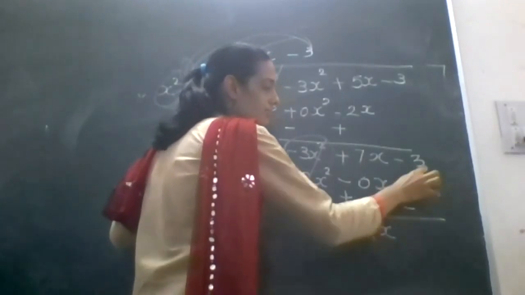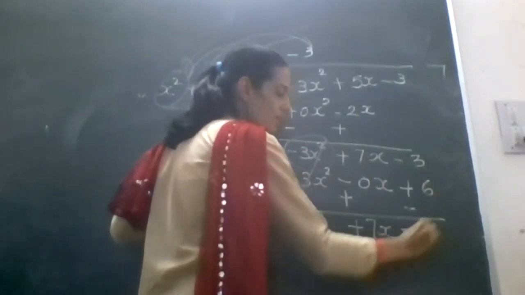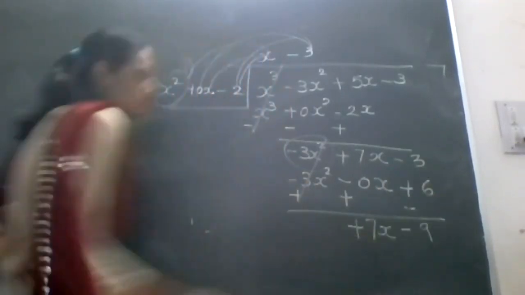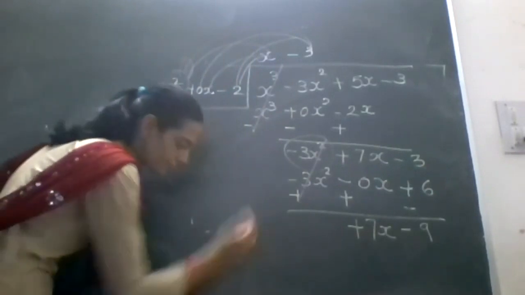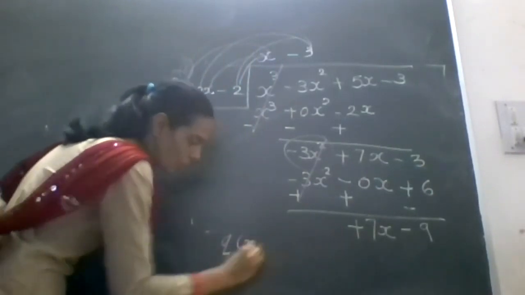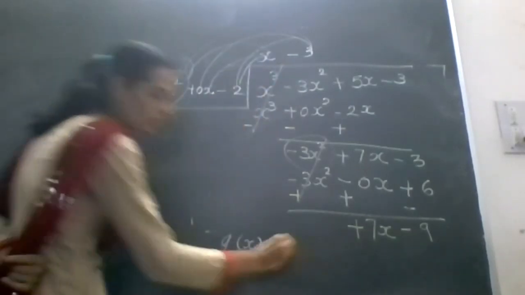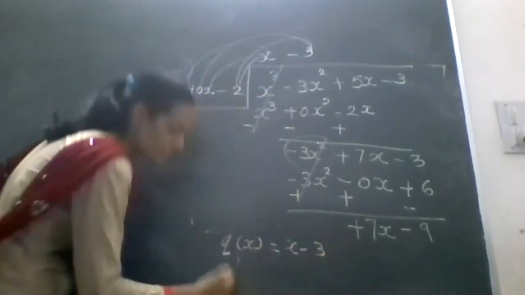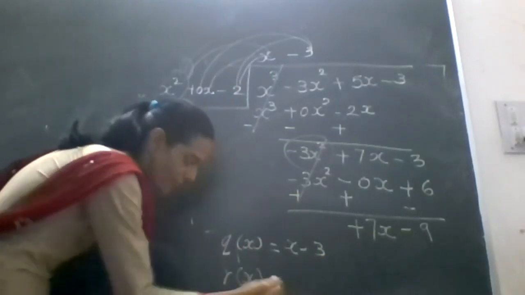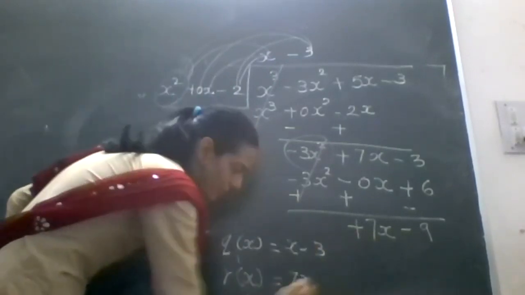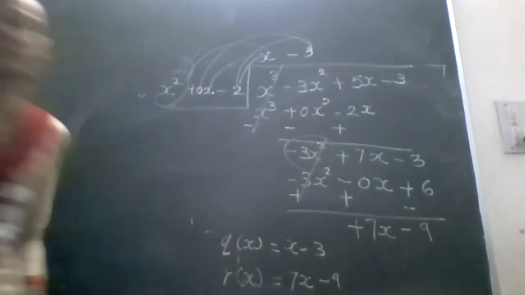And minus 3 minus 6 will be what? Minus 9. So what is your q of x? Q of x is equal to x minus 3. That is your quotient. And what is the remainder? R of x is equal to 7x minus 9.